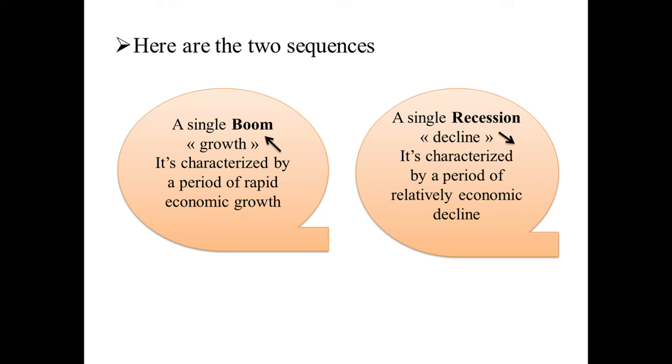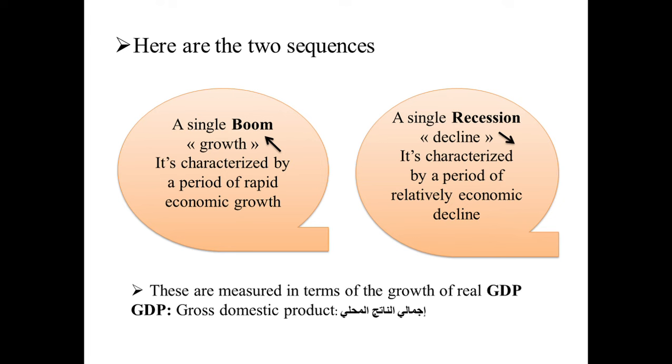Recession here means decline. It's characterized by a period of relative economic decline. These two phases are measured in terms of the growth of real GDP over time. This acronym GDP stands for gross domestic product.